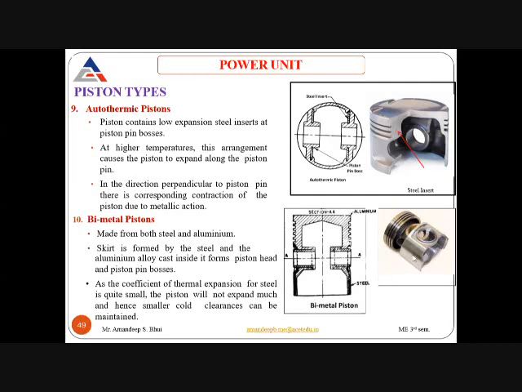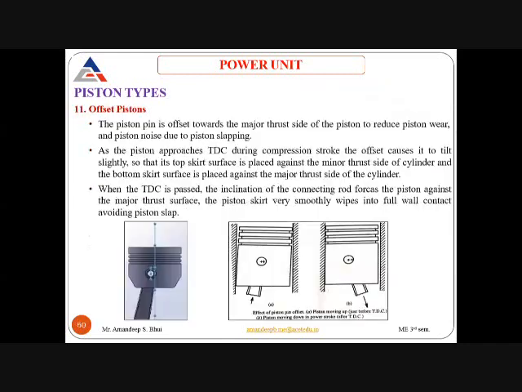The top portion is made in an oval shape, so it is allowed to expand. That is why it is made of aluminium alloy. By using these two materials, we can restrict the expansion of the skirt. That is why it is a bimetallic piston, because it is made up of two metals.